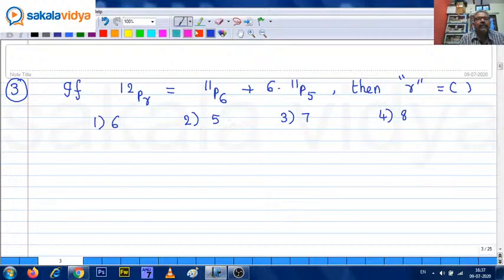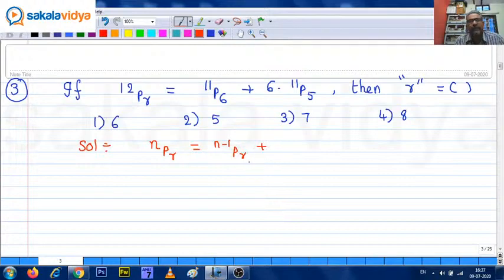Okay, we know from the concept that nPr can be written as follows. Without including a particular object, the number of permutations is n-1 Pr, plus including the particular object.